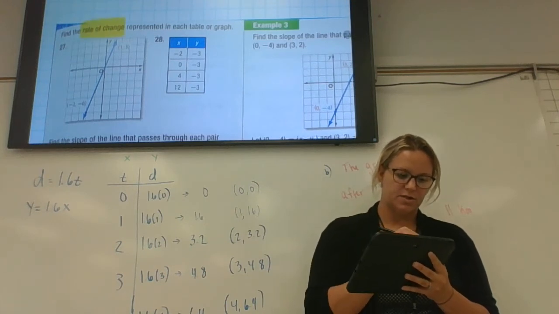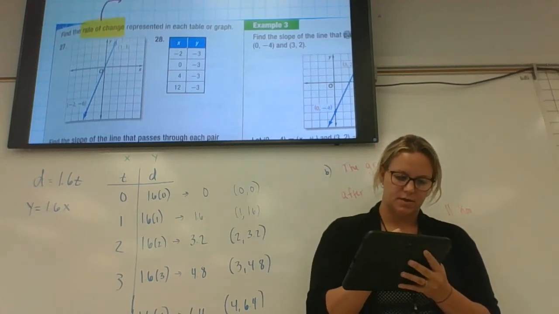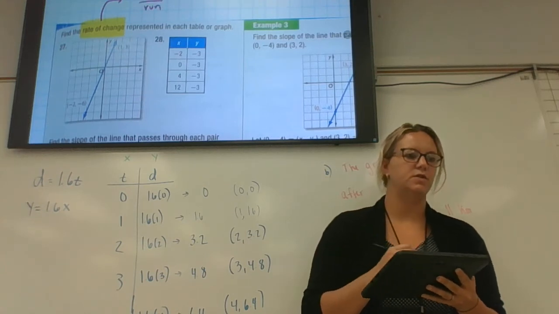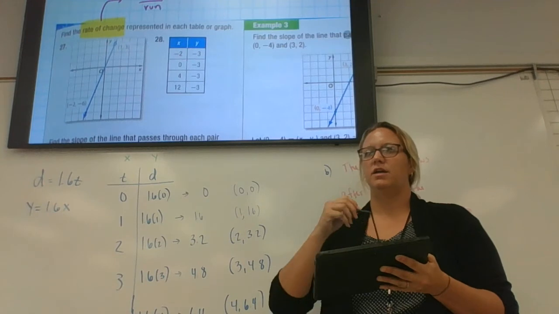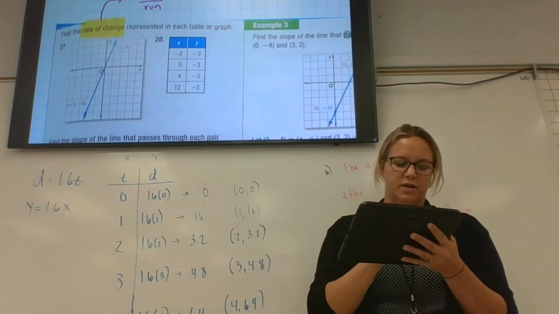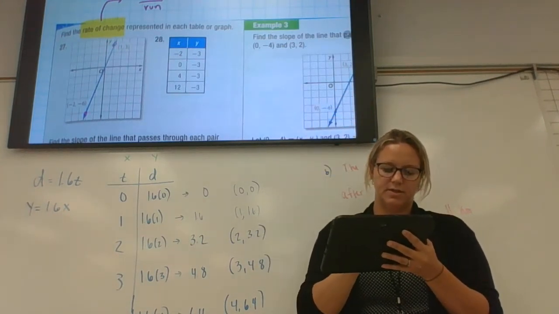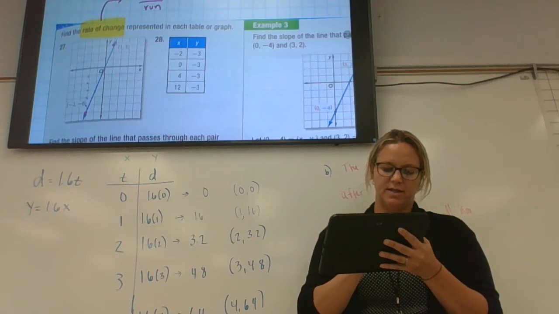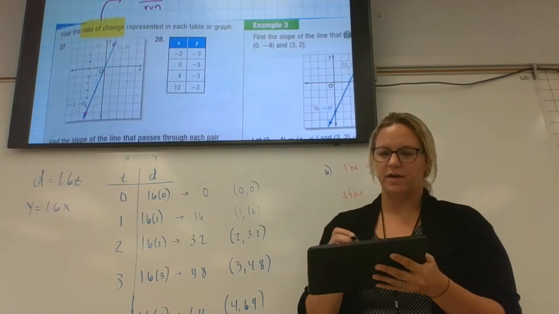Rate of change. Rise over run. So you can just look at the picture here and count how far up and over it goes. Count from this point to this point, how far you're rising and how far you're running.